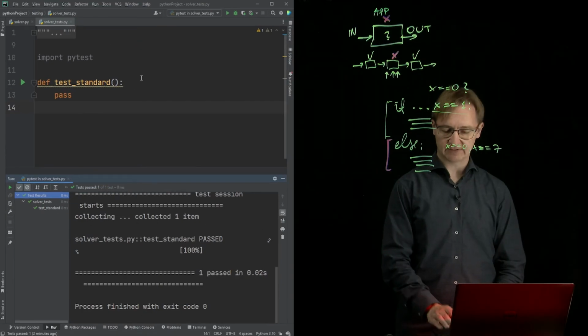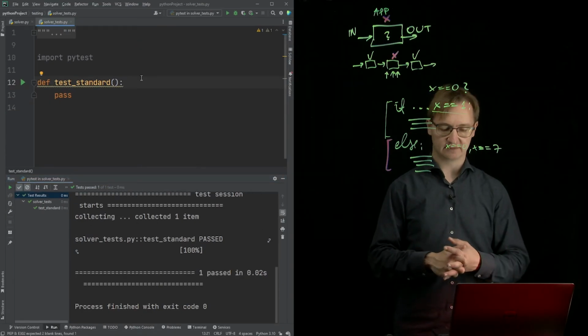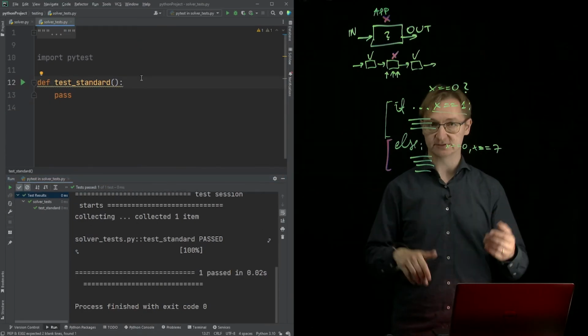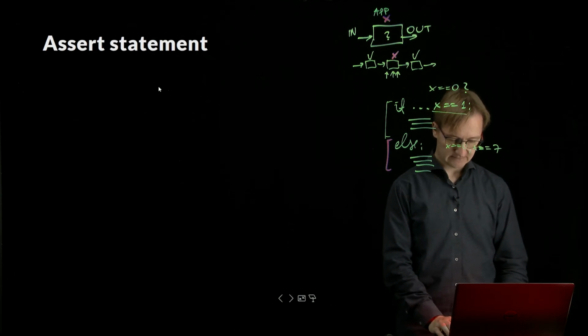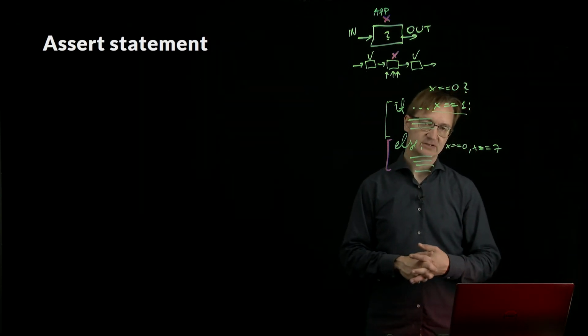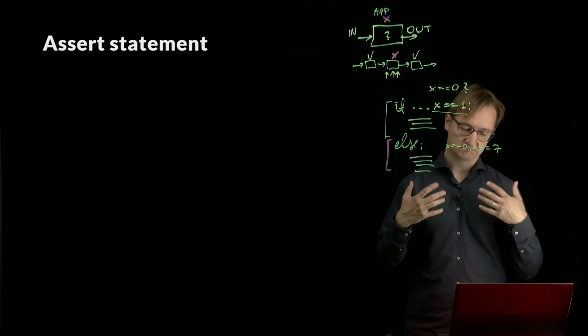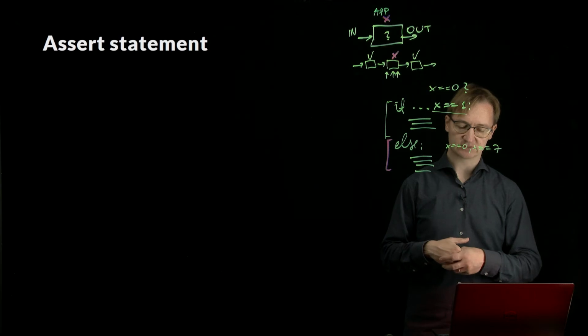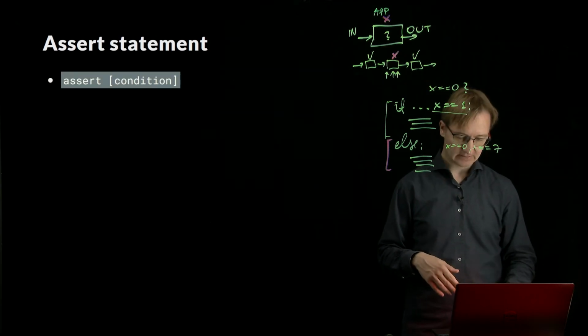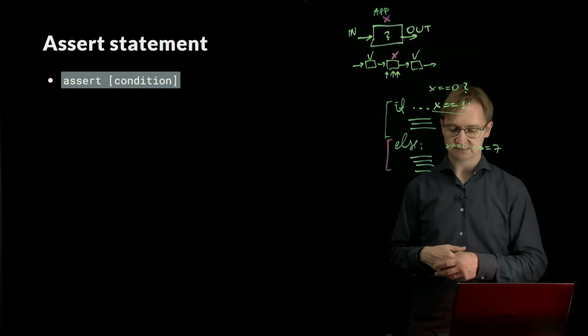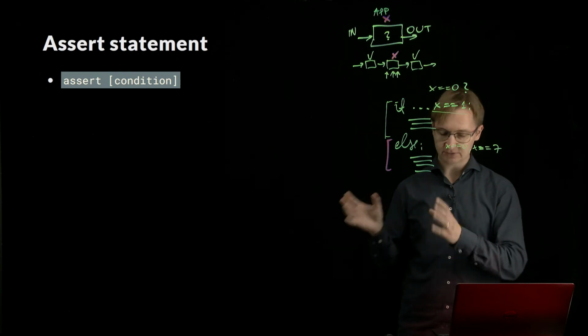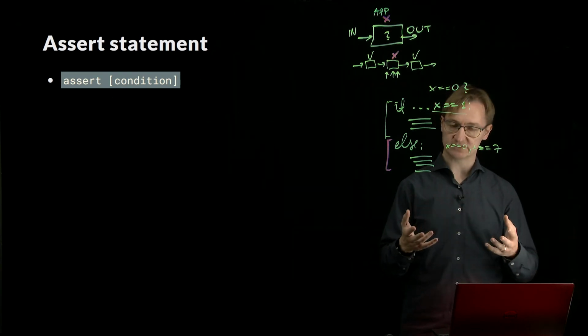And currently I don't have any body or anything inside my function, so that's the reason why it passed. Before we actually start writing our tests, let's talk about the assert statement. An assert statement is in the form: I write assert, and then there is a condition.